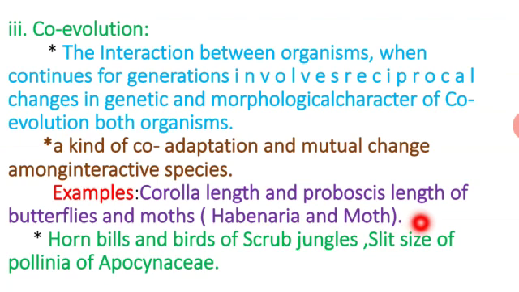The slits of Apocynaceae, that is nothing but pollinium. Apocynaceae, for example Calotropis, has a pollinium structure that is the same. So the interaction between two different structures, saved together, looks like a mutual change as well as adaptation, co-adaptation. Such things will be named coevolution.